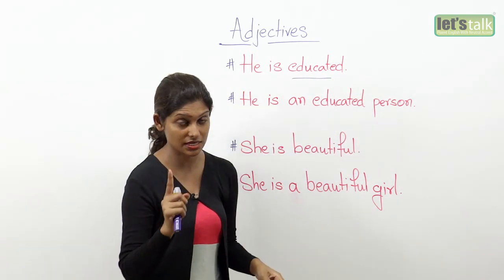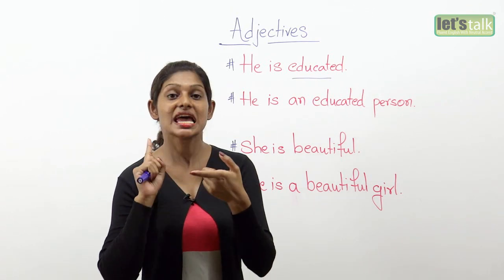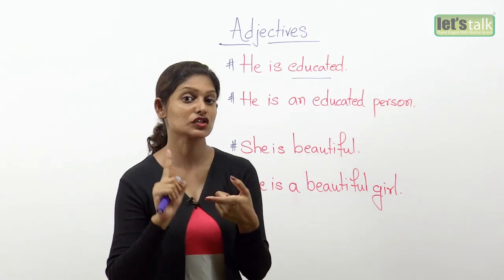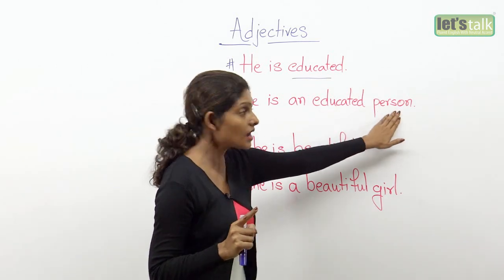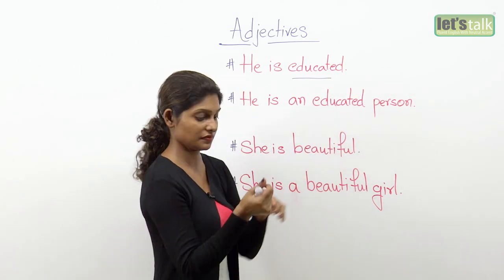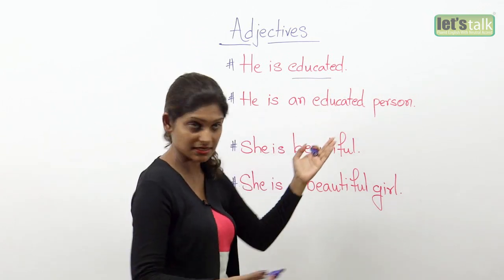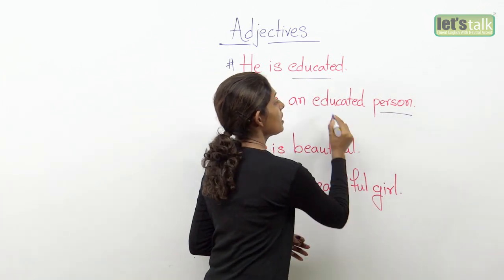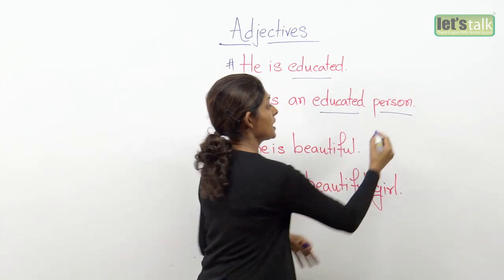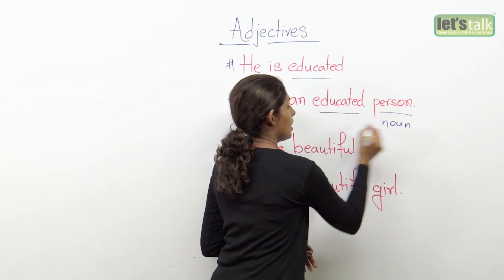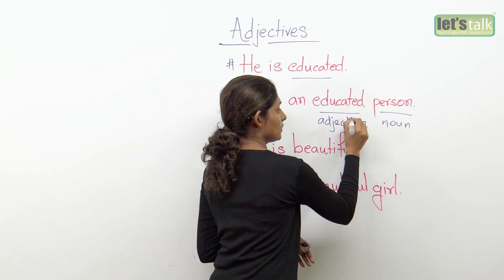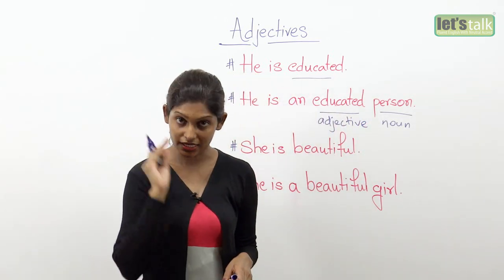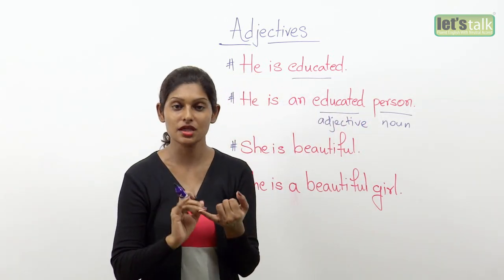The first rule is if the sentence completes at an adjective, you do not need an article. But if there is a noun after an adjective, like in this sentence you have person after educated, you will need an article, whether it is a or an.